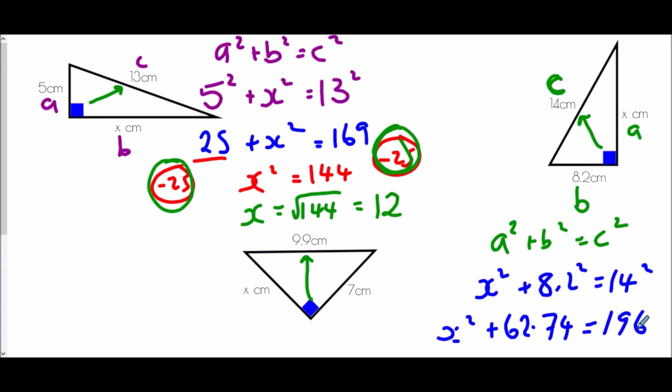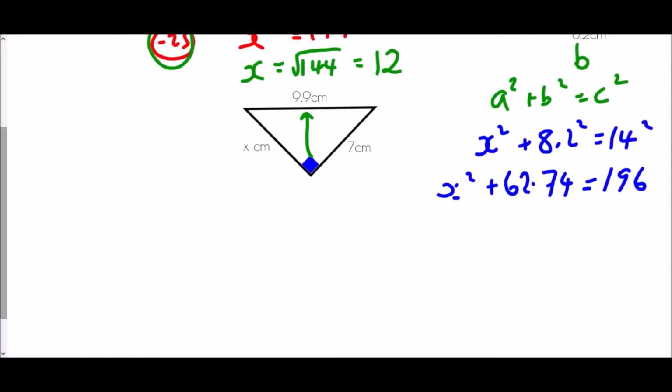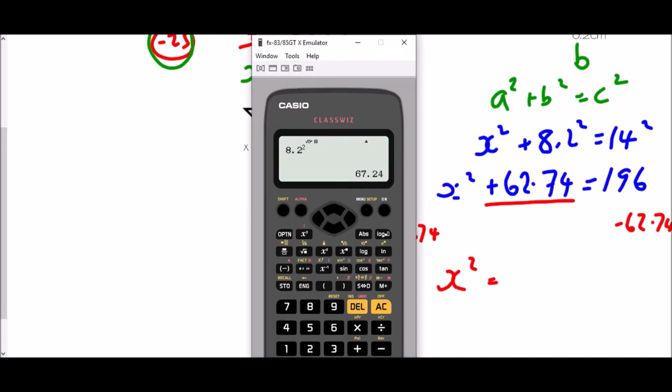How would I get x squared all on its own? Well, I would need to subtract the 62.74, and so I will do that to both sides.